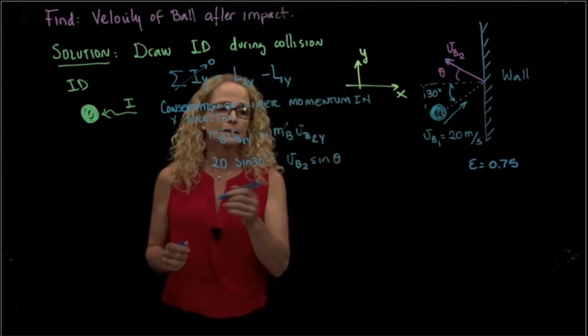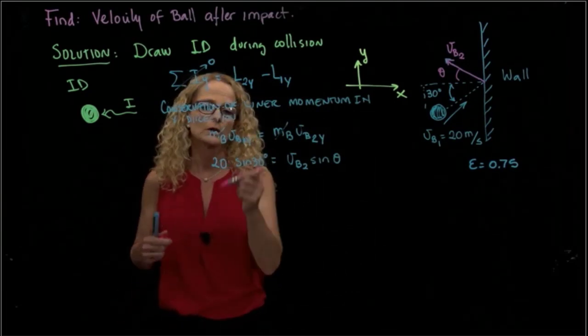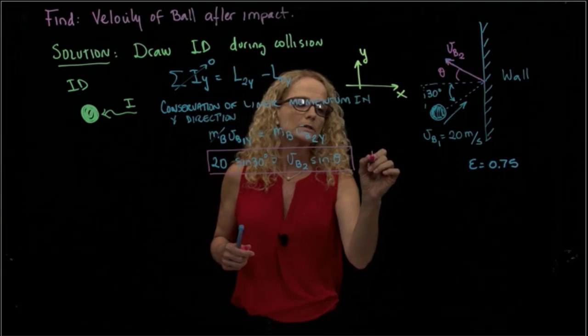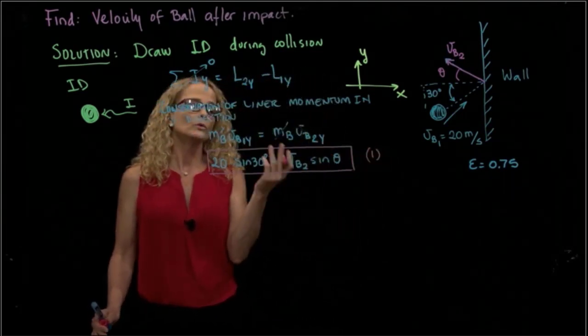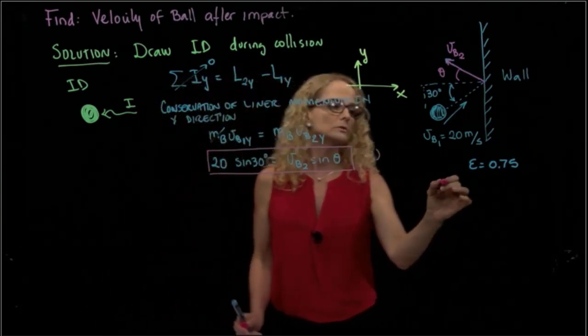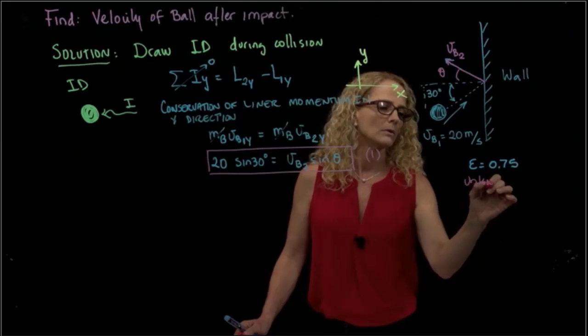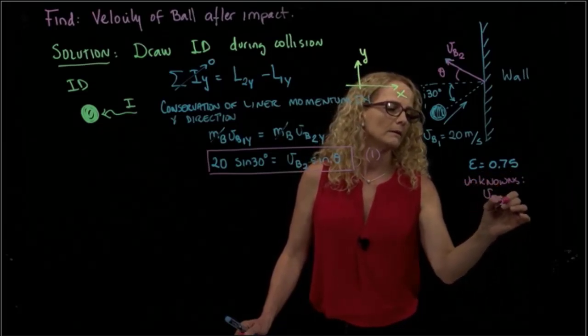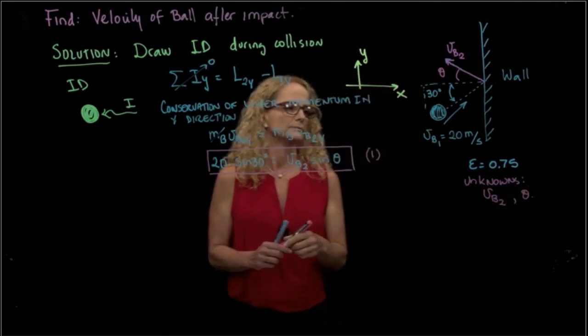And this represents our first equation. So we have one first equation with two unknowns: the velocity of B, and the direction.